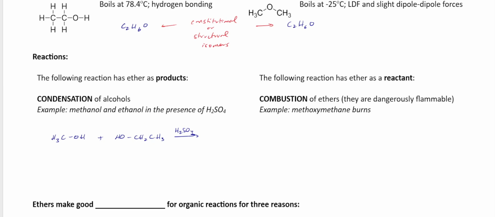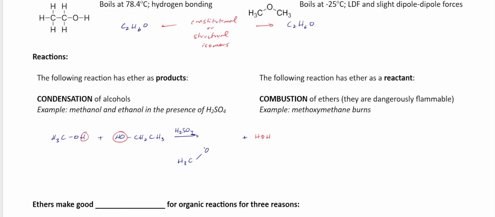Okay, so what's going to happen here, and I'll just kind of show you, is that the H of one will bond with the OH of another. And again, you may have guessed that this is going to make water. Okay. But what is going to form here is the methyl group bonded to the oxygen right there.